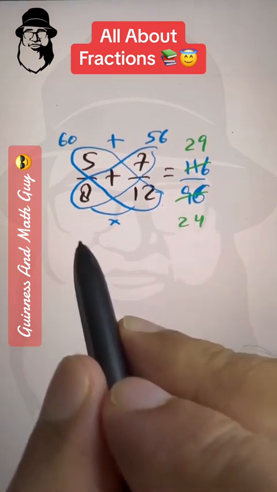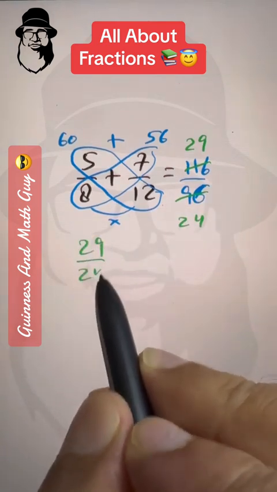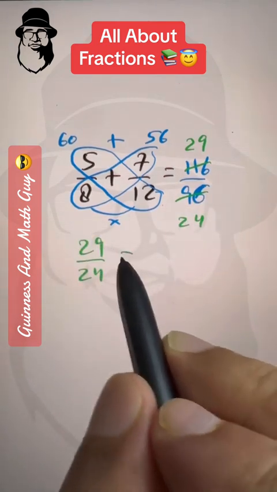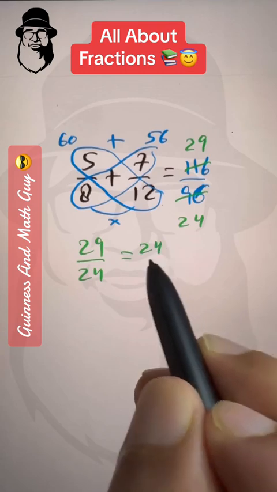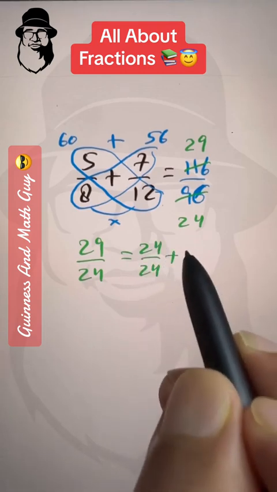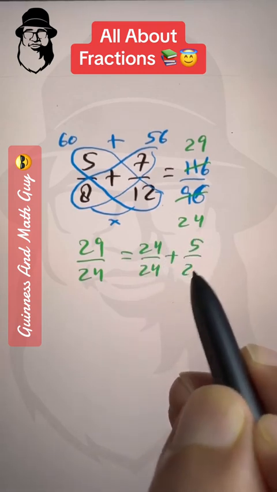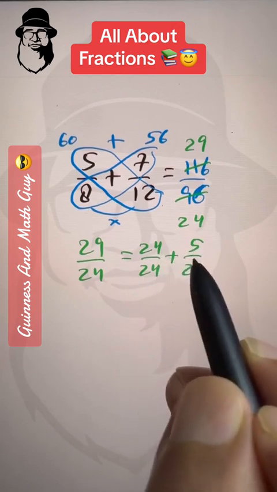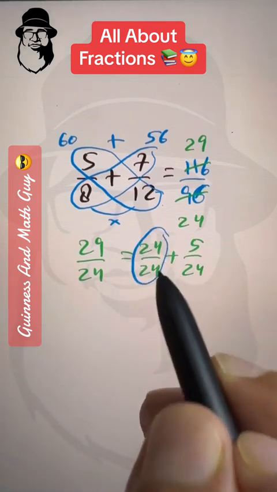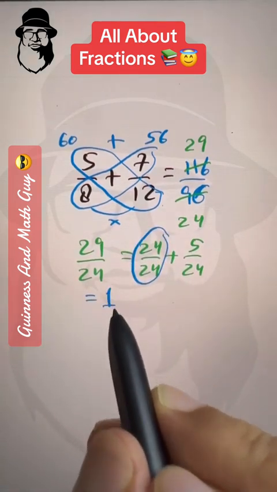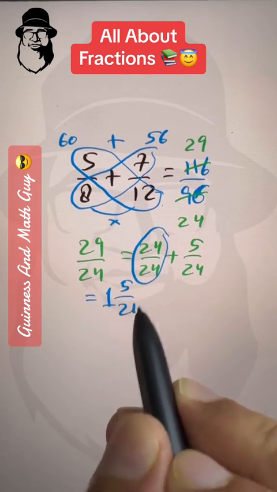So it will be 29 over 24. And in the next step, we can write it as 24/24 plus 5/24, right? So 24 plus 5 is 29. And we all know that 24/24 is equal to 1. So our final answer is 1 whole number 5 over 24.